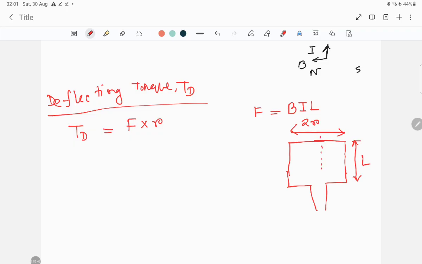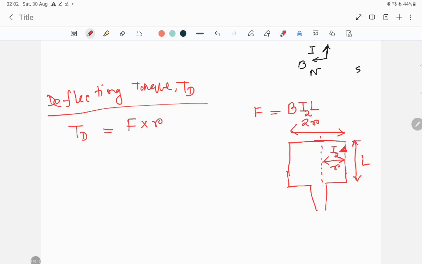Okay, from the axis point, if it is R, then the overall width will be 2R. Then the current flowing will be I2. Okay, so this is I2 we are gazing.